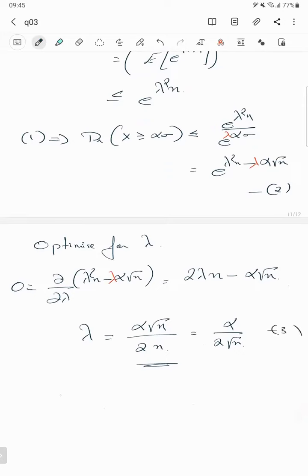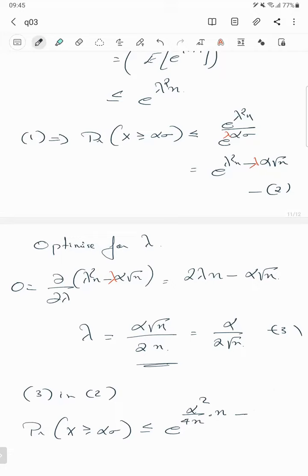So this, if I call 3, then 3 in 2 will give me that the probability that I'm looking for, x greater than alpha sigma, is at most e raised to lambda squared n. What is lambda squared? Alpha squared by 4n times n, minus lambda alpha root n.